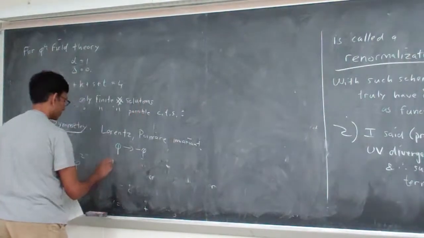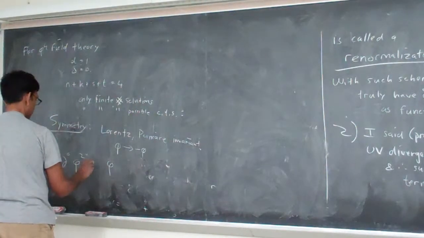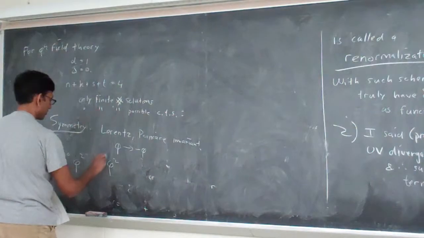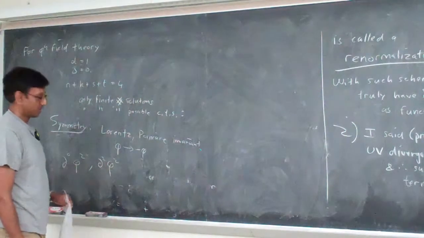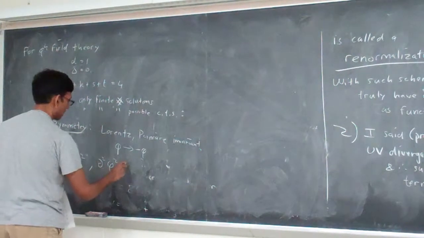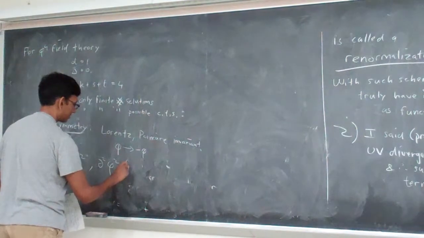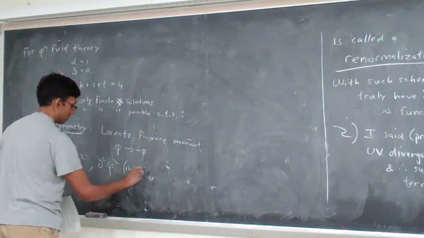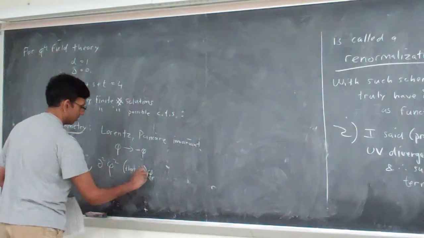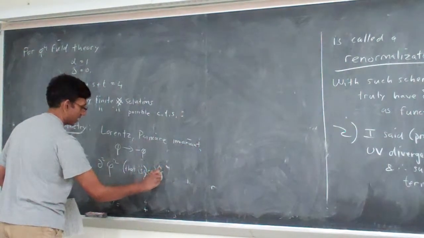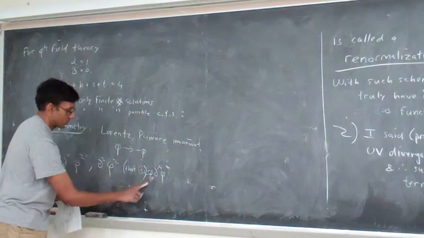You can have two powers of phi and two derivatives, by which I really mean d mu phi, d mu phi. It couldn't have been anything else.